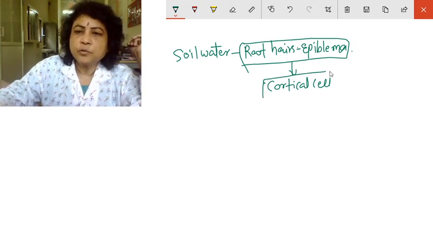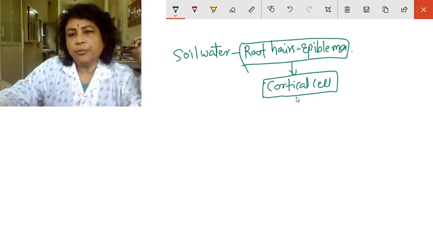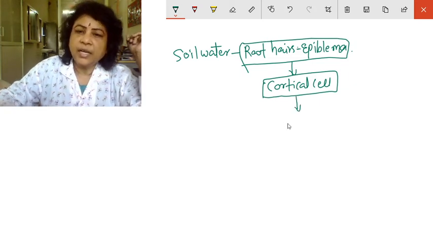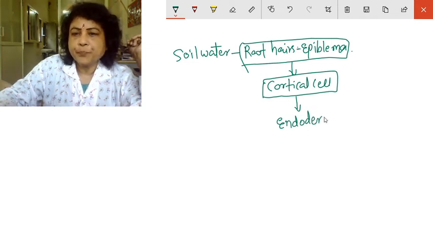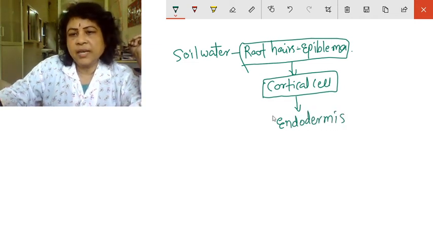From the cortical cells, it enters into the endodermis.